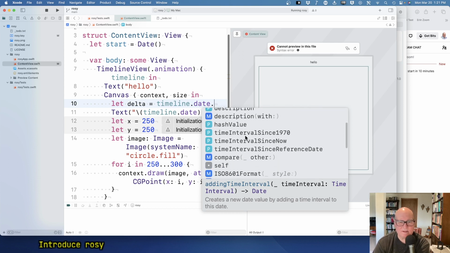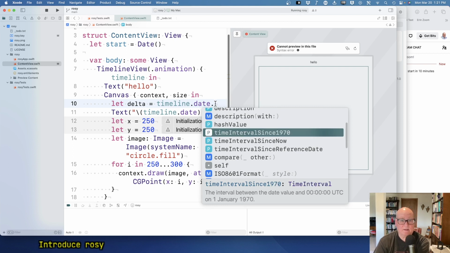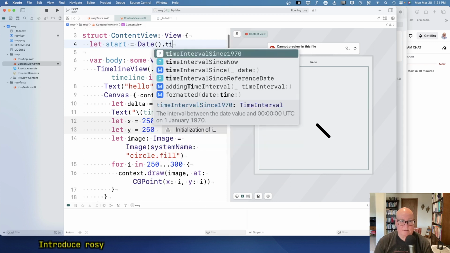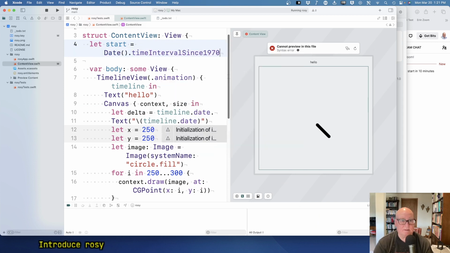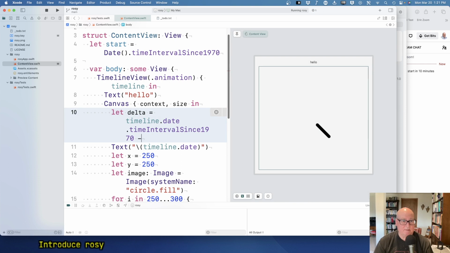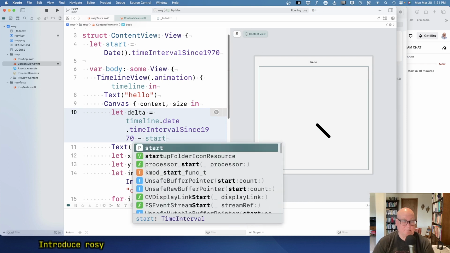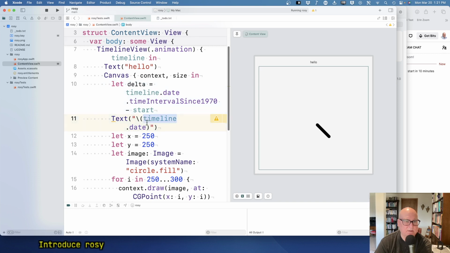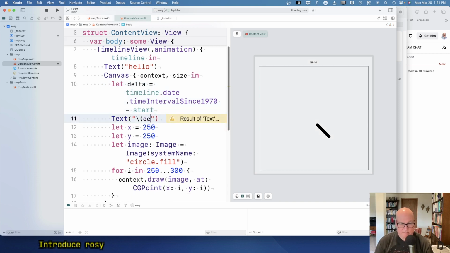Description, time interval since 1970. That's good. Let's do this. Dot time interval since 1970. And then time interval since 1970 minus start. Okay, and we'll print start, delta.